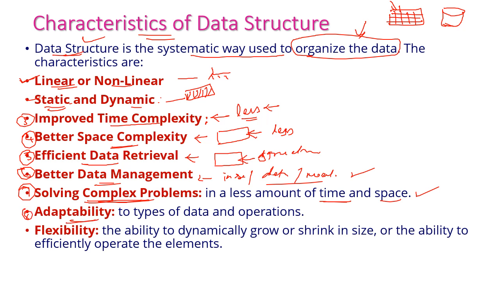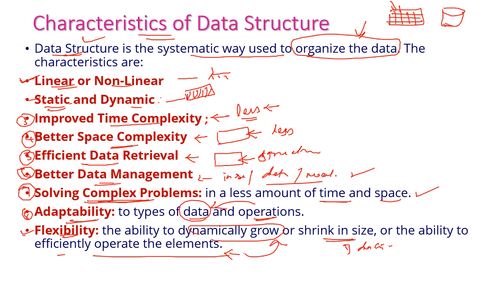It should adapt to any type of data and support all types of operations on the data. That is called adaptability. And the next one is flexibility. Flexible means the ability to dynamically grow or shrink the size of data, or the ability to efficiently operate on the elements. That is, the data and the operations on the data should be very flexible.